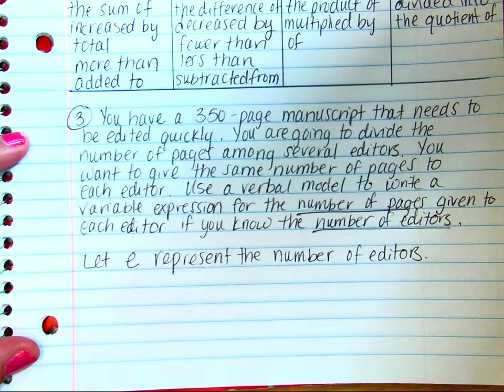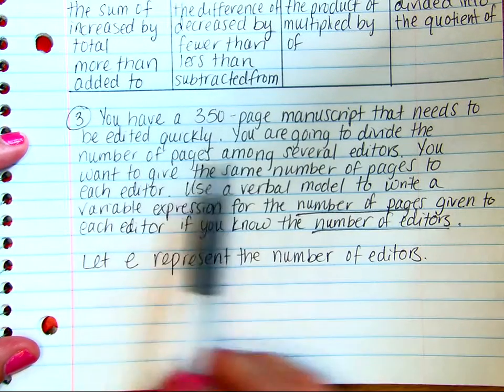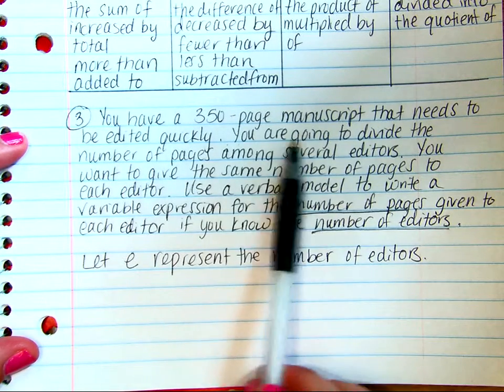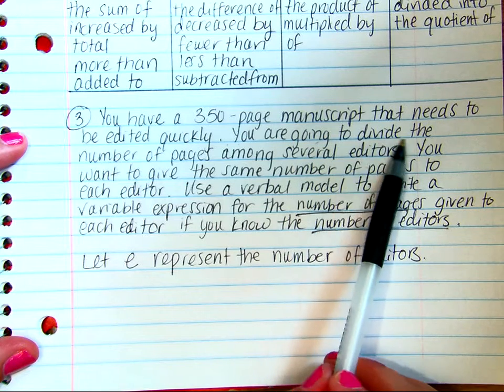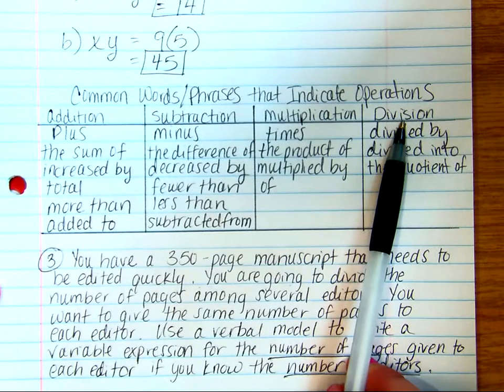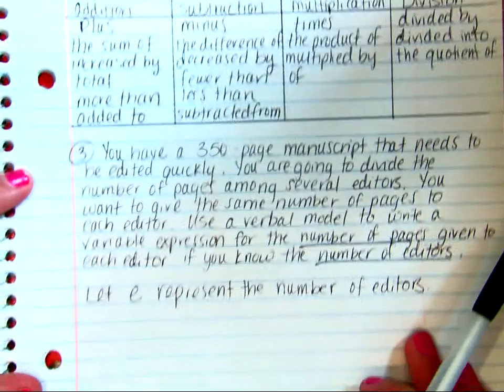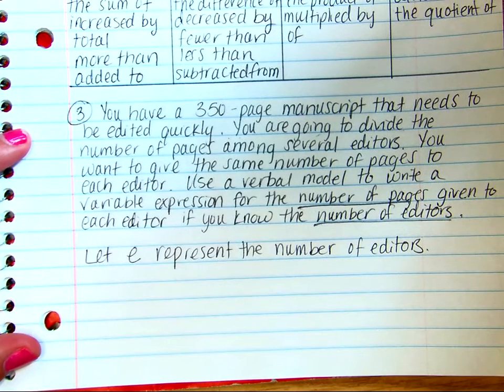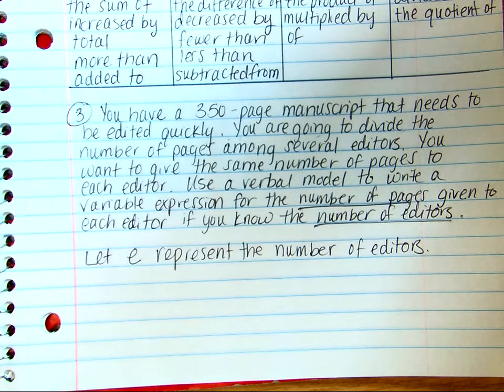And then if you look at the paragraph, it says you're going to divide the number of pages among several editors. So this word divide is clearly going to mean use division. Okay, so let's first, a verbal model means write an equation using words first so we can kind of figure out what's going on.